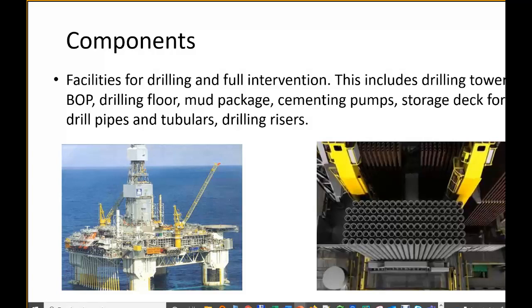Okay, you see here the drilling tower, BOP, drilling floor, mud package, the mud that you use to lift the cuttings, to cool the bit, to control the pressure, so that you don't have any kick of reservoir fluids to the bore. Cementing pumps, storage decks for drill pipes and tubulars. You see them on the right. You see the pipes are stacked. You have the drill pipe, and you have the tubing, casing pipe, drilling risers.